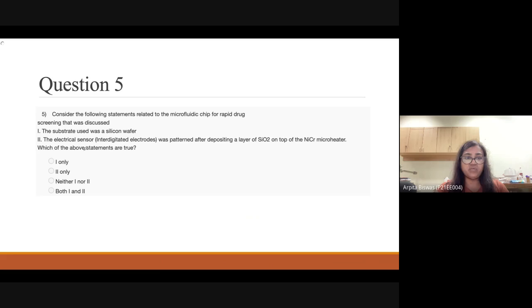Which of the above statements are true? The first option is one only, and the second option is statement two only. The third option is neither one nor two, and the fourth option is both one and two. So go through the question carefully and find out the right answer.